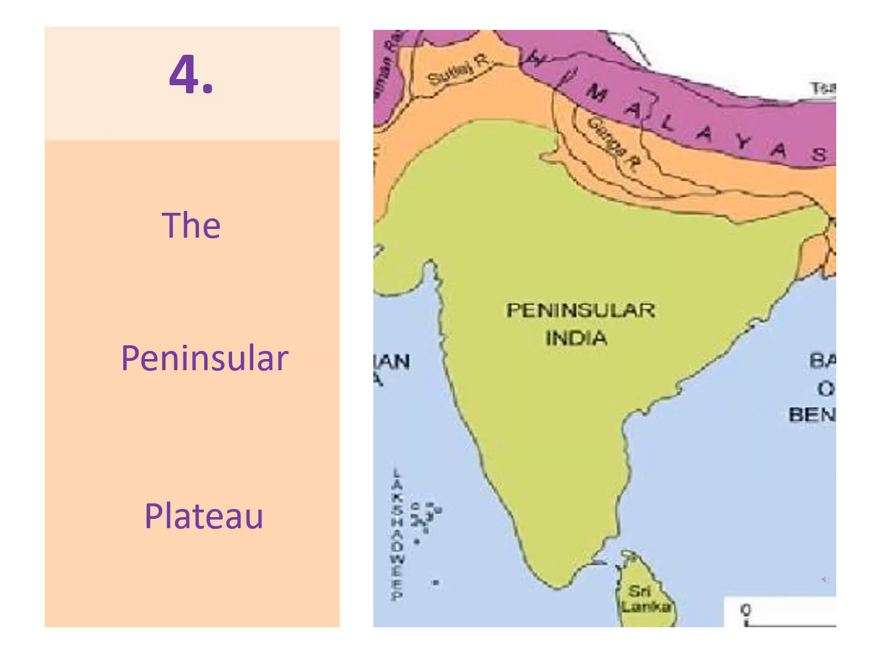The fourth physical feature, the peninsular plateau. A plateau is a raised, rocky and uneven land surface, also called tableland. The Indian peninsular plateau covers most of the lower half of the country, and lies in the south of the Indo-Gangetic plains.